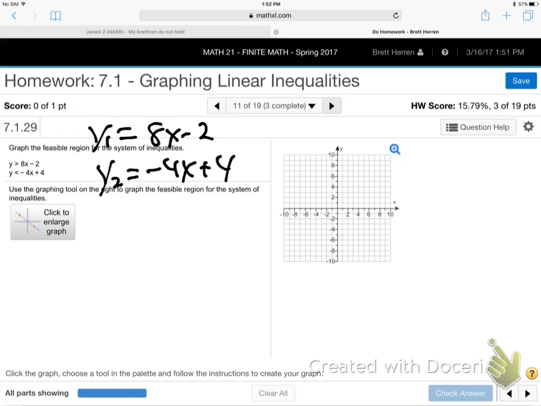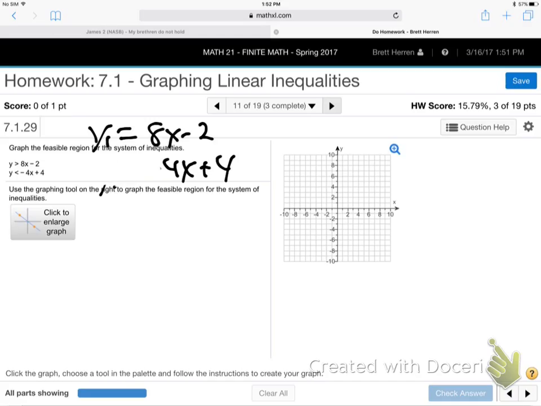It'll show you both lines. It might be hard to still find the exact dots, so you'll probably need to do some by hand work to get the exact dots. And then the shading you'll have to do on your own, because there's no shading on the calculator. Well, there is, but it's complex. Rather than going into all that, just get the lines. You know the shading: greater is above, less is below.